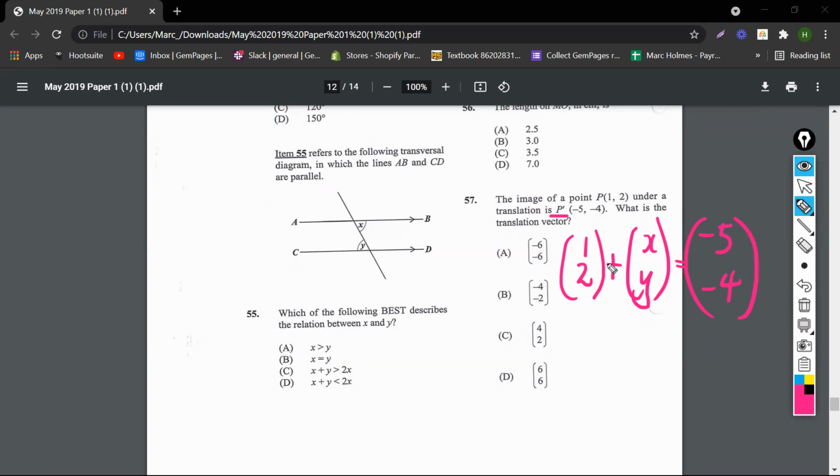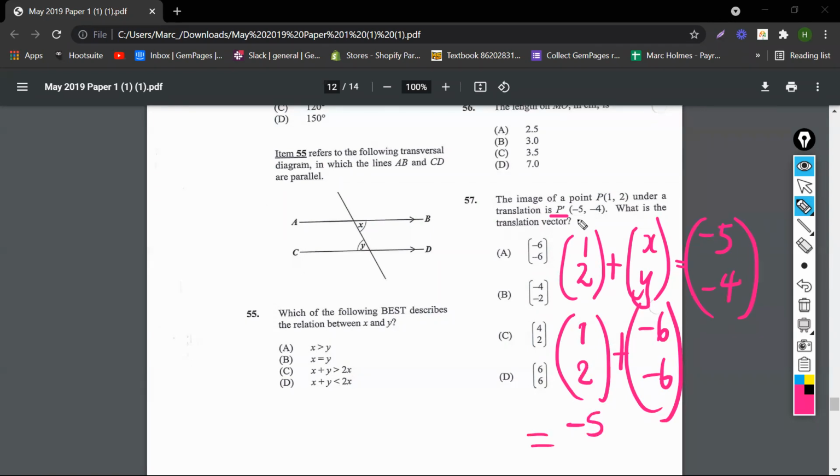So that clearly means my translation vector would have to be -6, -6. That's the only one that makes sense. If I add -6 to 1, I'm going to get -5. And -6 plus 2 is giving me -4. So the translation vector is definitely -6, -6.